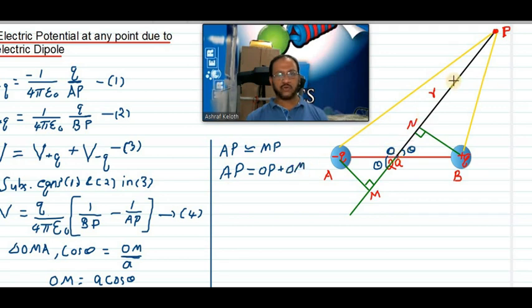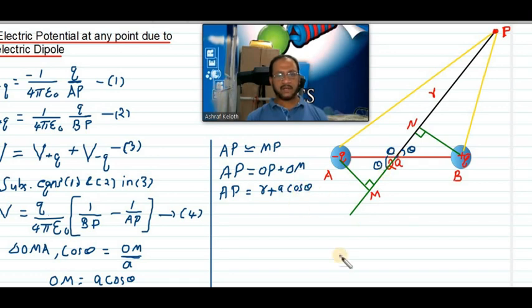If we add from O to P, that is R, and O to M, that is OM, we have A cos theta. So AP is equal to R plus A cos theta.